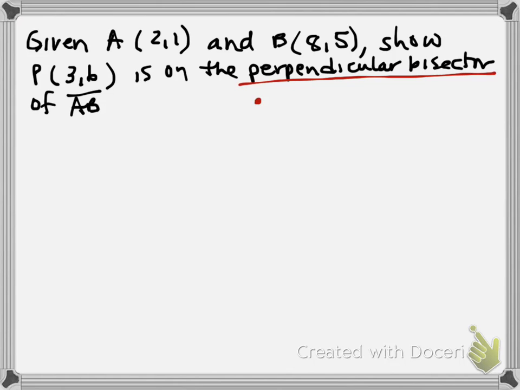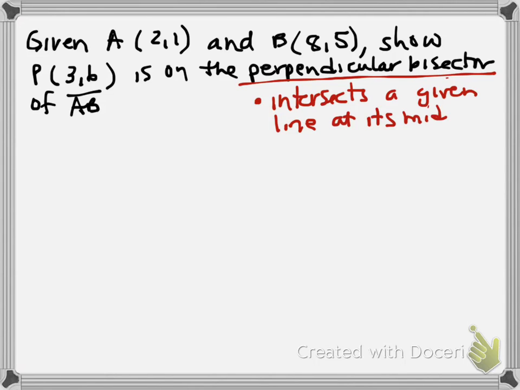So it intersects a given line at its midpoint, which comes in handy that we've just learned how to figure out where a midpoint is. So this is how they're applying this new idea. And then we'll let somebody else repeat what she said was the second piece about a perpendicular bisector. What Isabel said deals with the bisector part. Okay? So the other part, Drake? Yeah. And then we have it's perpendicular to the given line.